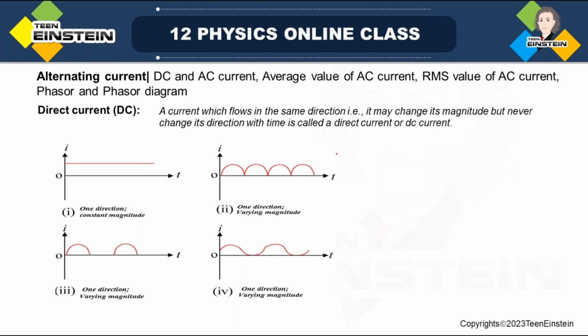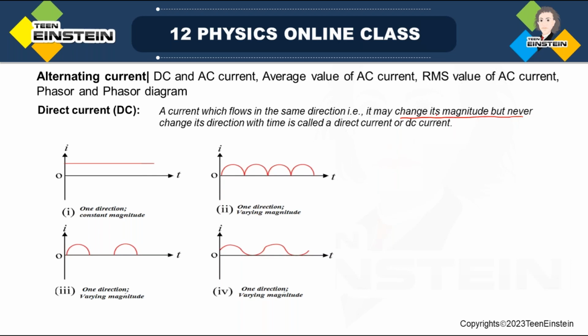Actually, that may not be the perfect definition of direct current or direct voltage. The magnitude may change, but it never changes the direction with time. Actually, that is the actual definition.